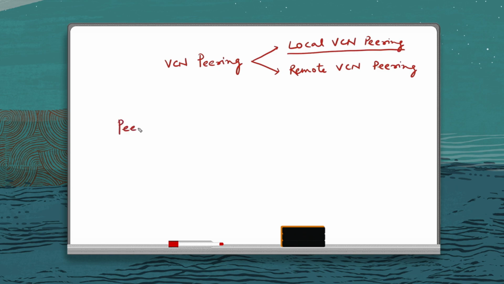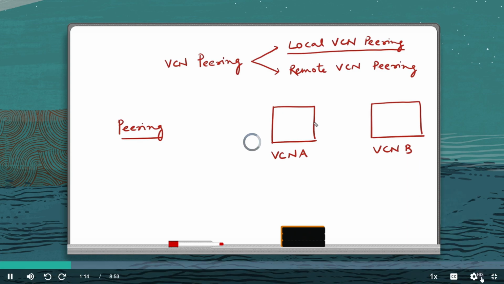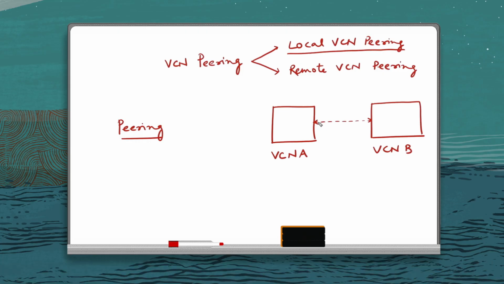So first of all, let's try to understand the meaning of the word peering. Let's assume there are two virtual cloud networks, VCN A and VCN B. If these virtual cloud networks want to talk to each other, there are two ways in which this can be done.